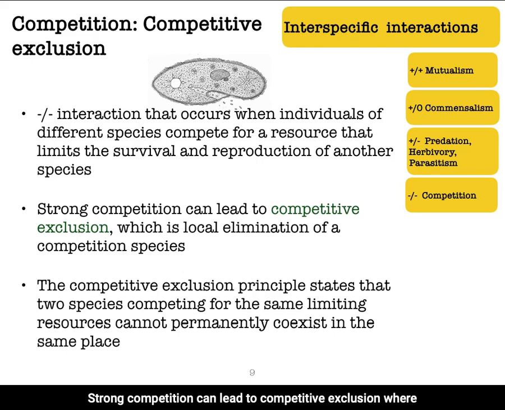Strong competition can lead to competitive exclusion, where one of the competing species drives the other to local extinction. The competitive exclusion principle states that two species competing for the same limiting resources cannot permanently coexist in the same place.